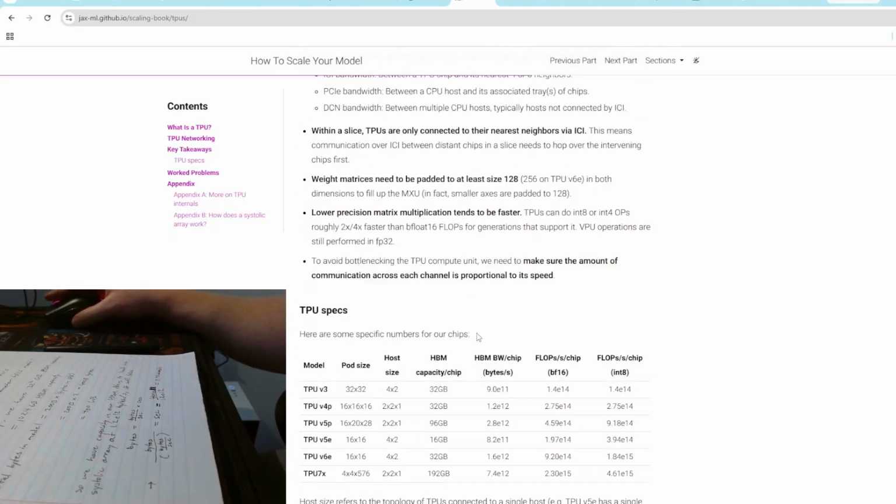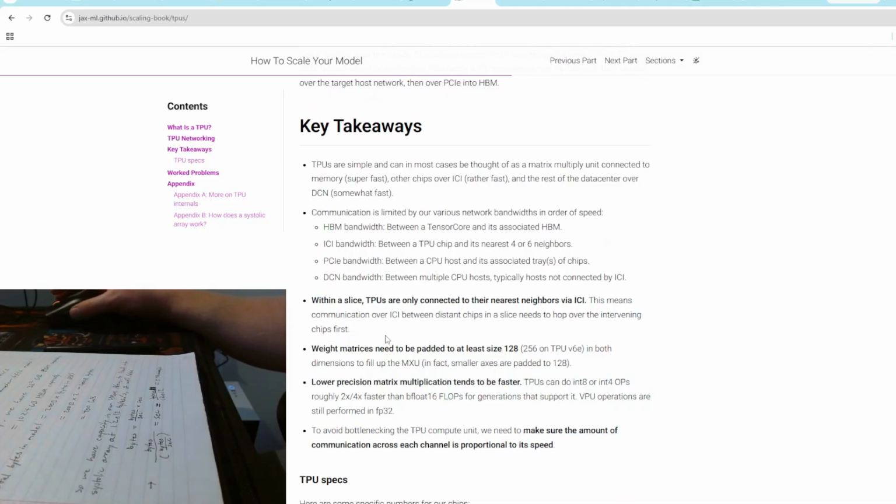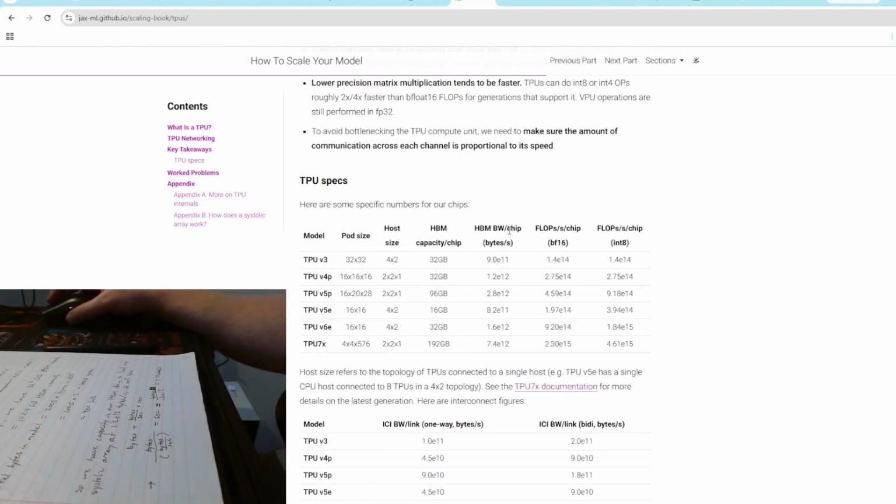I have to reread that. No, it's between one tensor core and its associated HBM. I bet this number is per chip. Oh yeah, HBM bandwidth per chip.